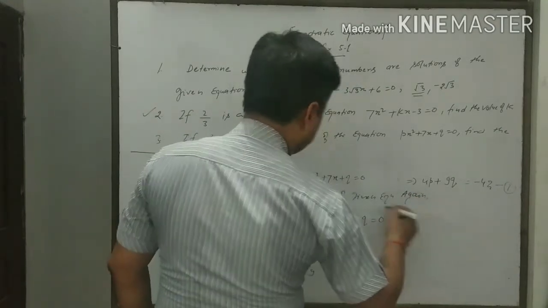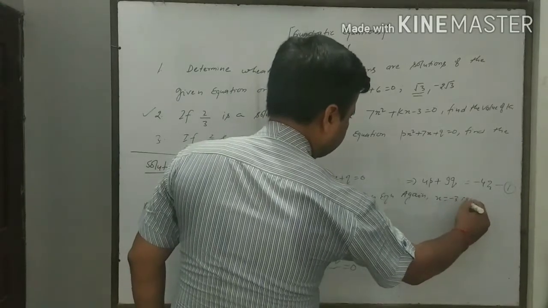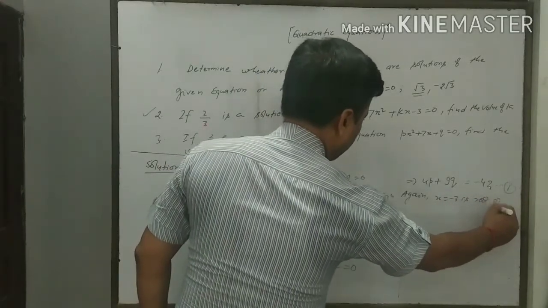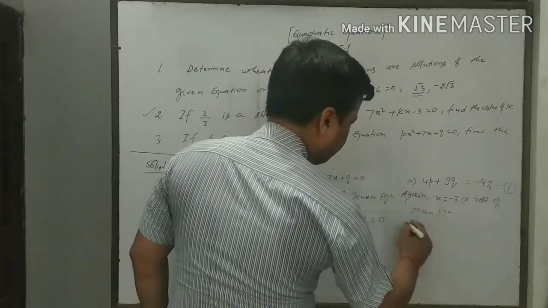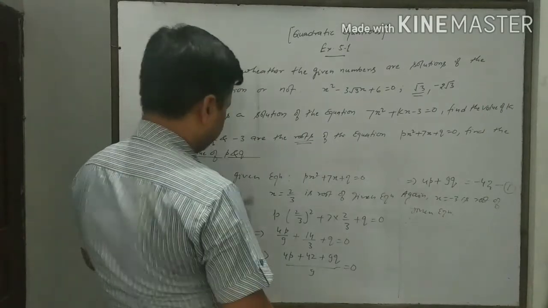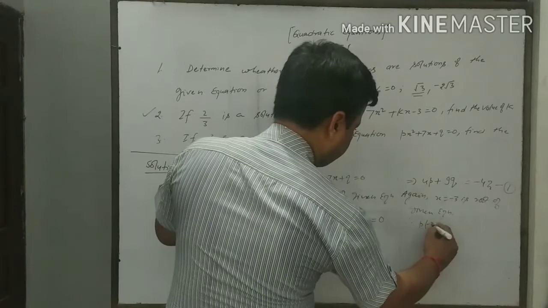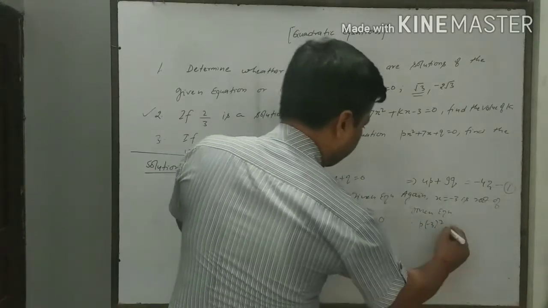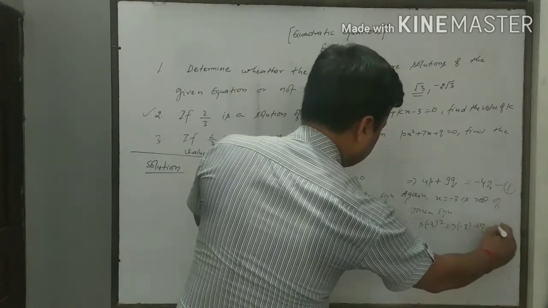Again, since x = -3 is a root of the given equation, therefore what we can write here: p(-3)² + 7(-3) + q = 0.